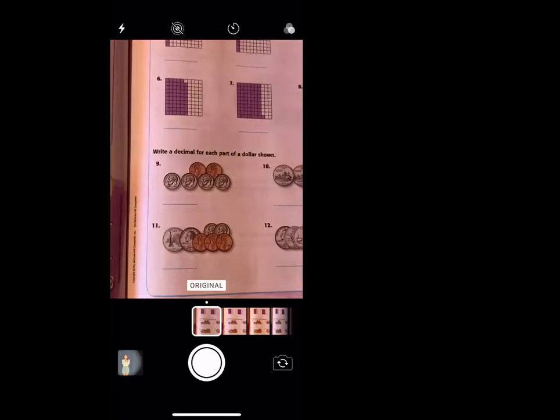Okay, so I just want to remind you that a penny is worth 1 cent or 1/100th of $1. A nickel is worth 5 cents. That's 5/100ths of $1. A dime is worth 10 cents or 10/100ths of $1. A quarter is worth 25 cents or 25/100ths of $1.